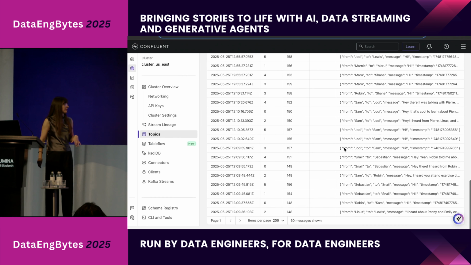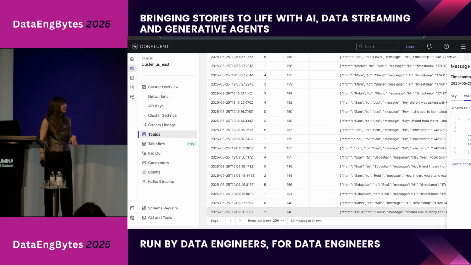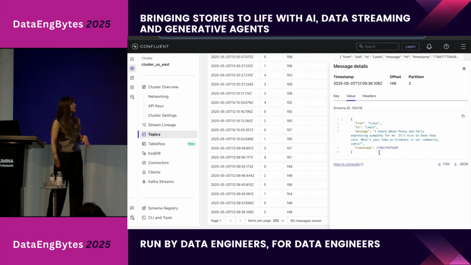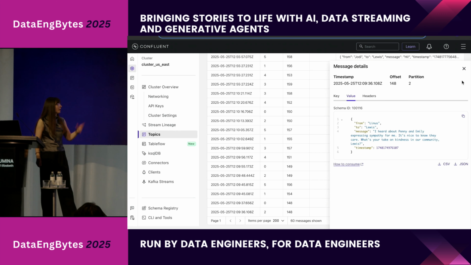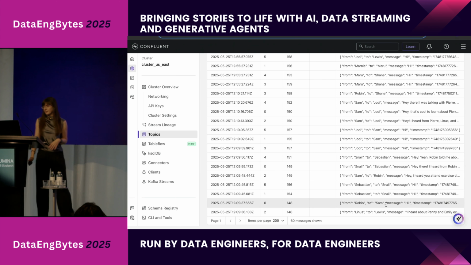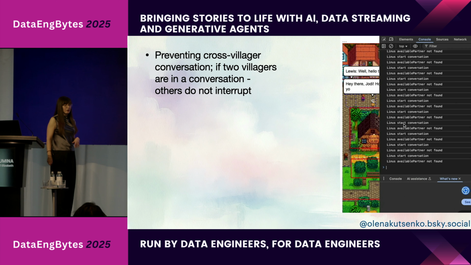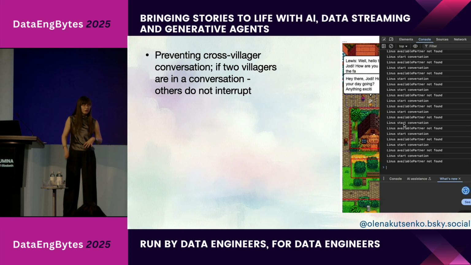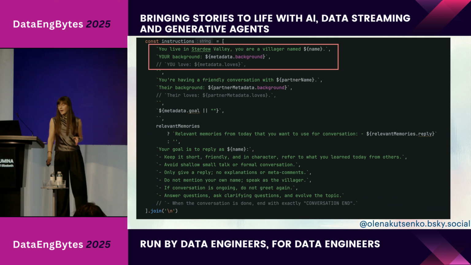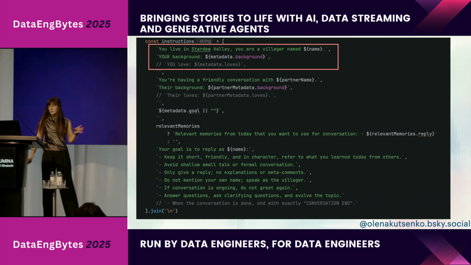And all the conversations, as I said, again, they are in the Apache Kafka topic. For example, here, Linus talks to Luis, something about Penny and Emily. Some more magic, I had to prevent cross-village conversation and to align them. And this is generally how the prompts look like.